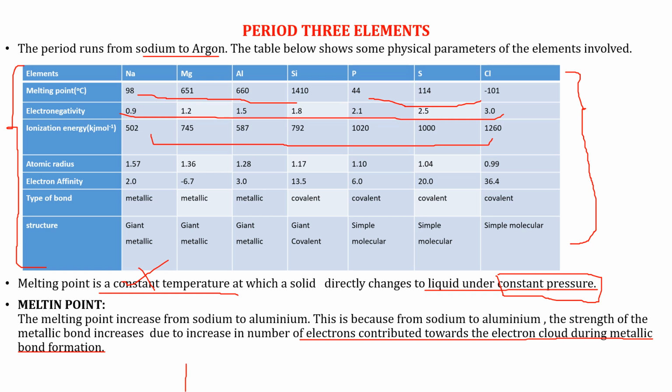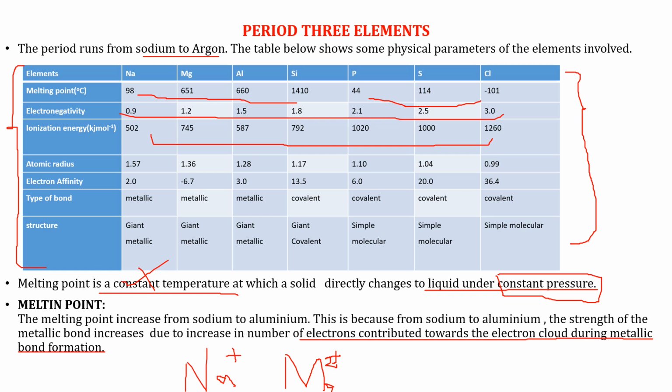If you look at sodium, sodium only contributes one electron for metallic bonding. So sodium is going to form the weakest bonds, which require a low amount of energy to be broken. Whereas magnesium contributes 2 electrons for metallic bonding. That means that melting point of magnesium is going to be slightly higher than that of sodium.